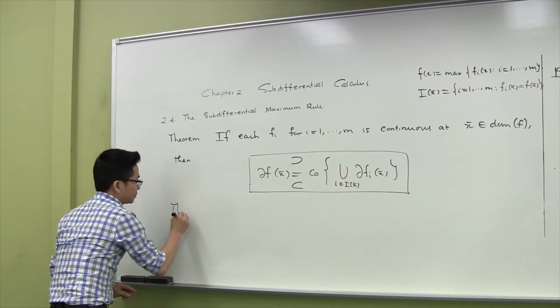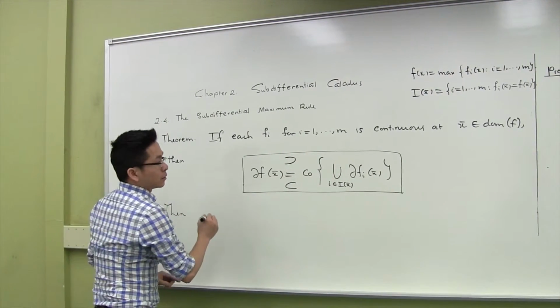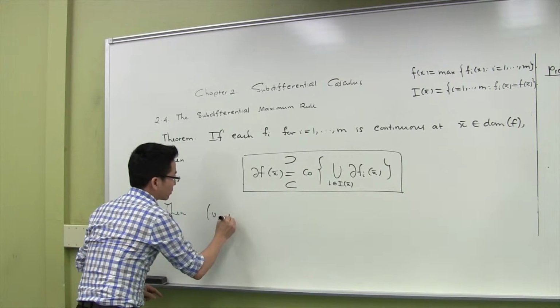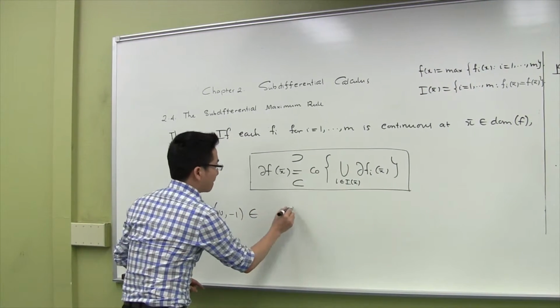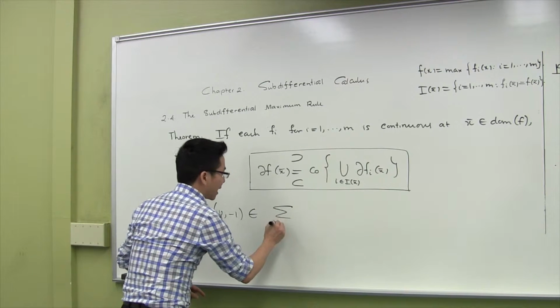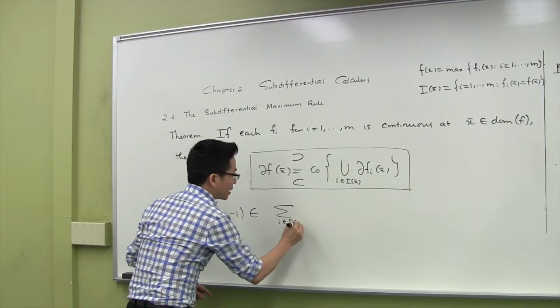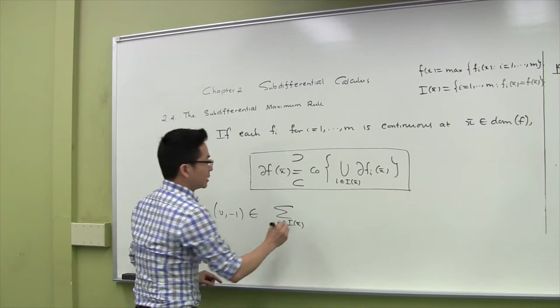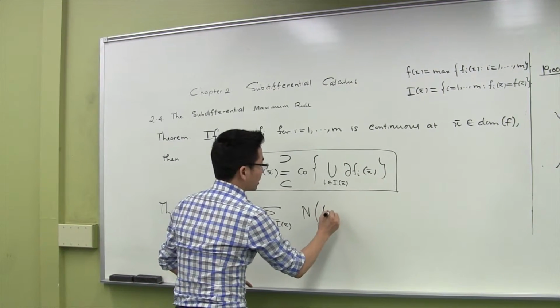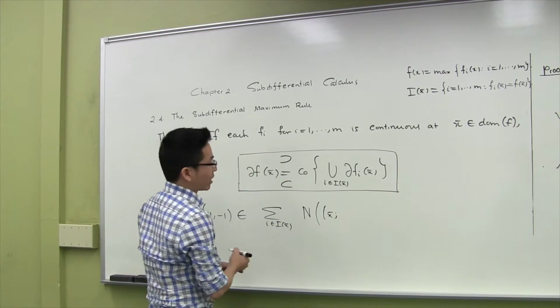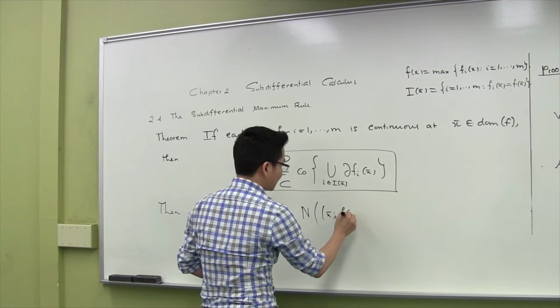Then v minus 1 belongs to the sum where i runs in I of x bar of the normal cone to the epigraph of the function fi at x bar, f of x bar.